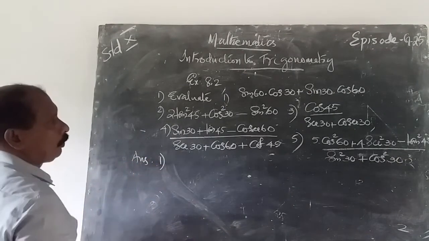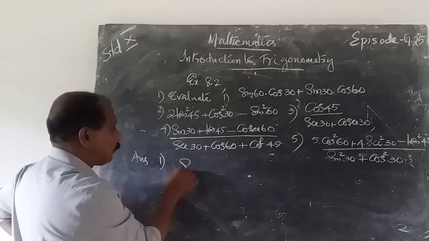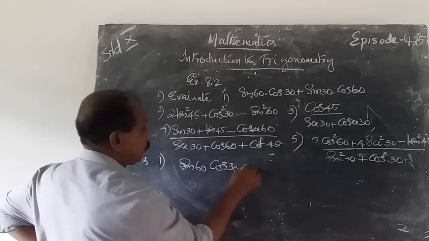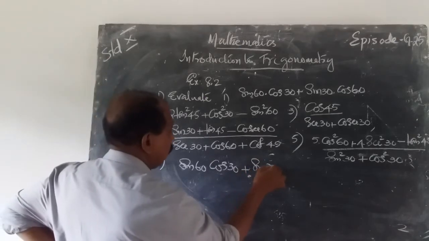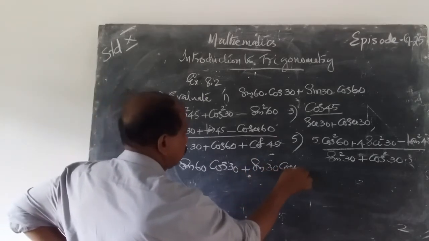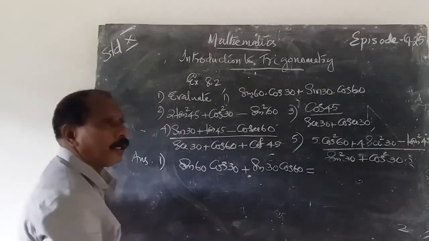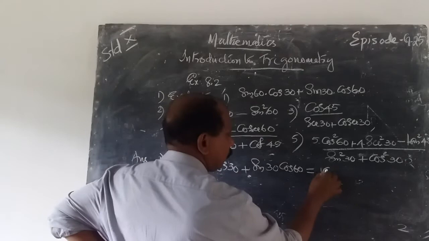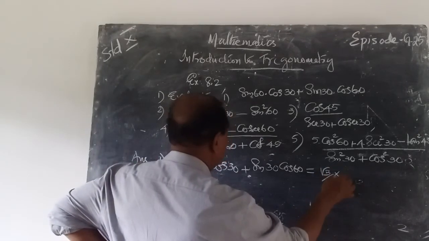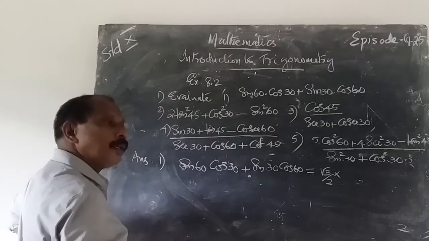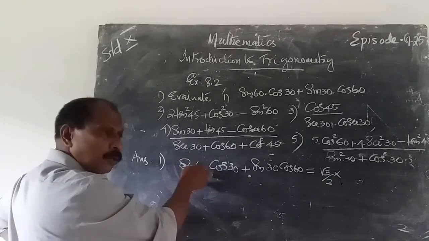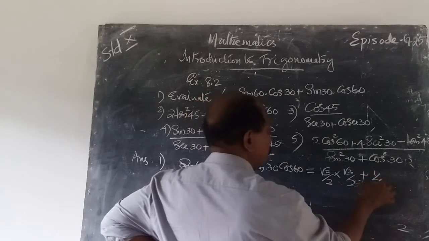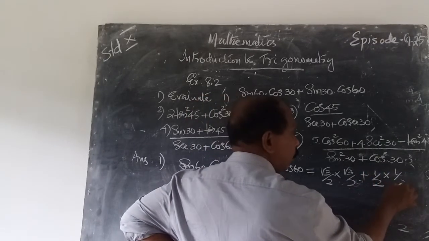Therefore, answer. Question number 1: sin 60 into cos 30 plus sin 30 into cos 60 is equal to, what is sin 60? That is root 3 by 2 into cos 30, which is also root 3 by 2, plus sin 30, 1 by 2, into cos 60, 1 by 2.